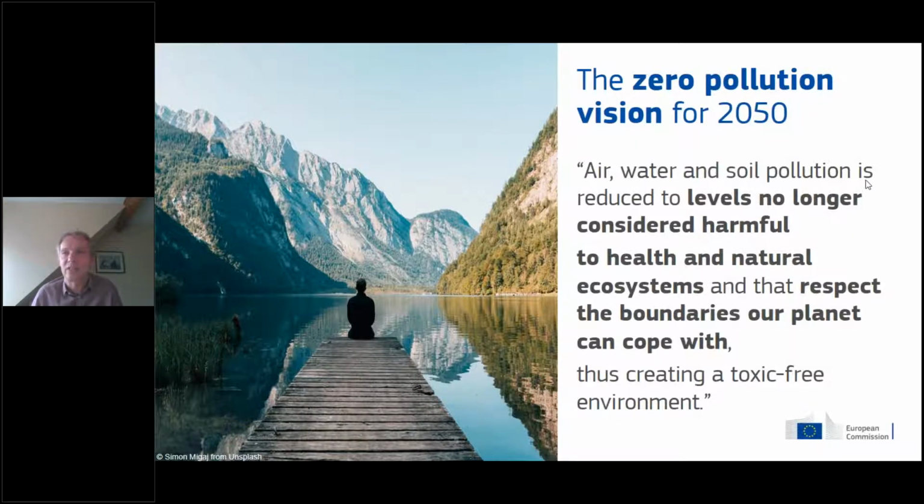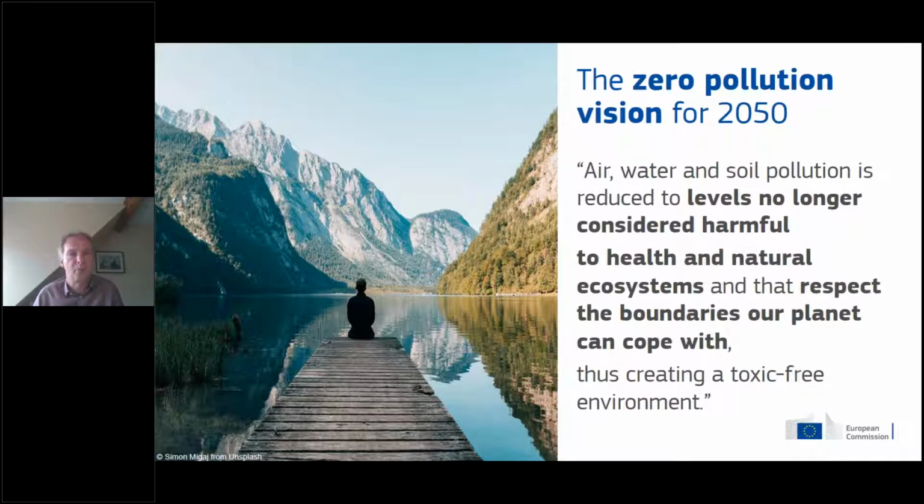But what we've said in the zero pollution action plan is that this is to be understood as reducing pollution by 2050 to levels that are no longer considered harmful for human health, for natural ecosystems, and that function within the boundaries of the planet.